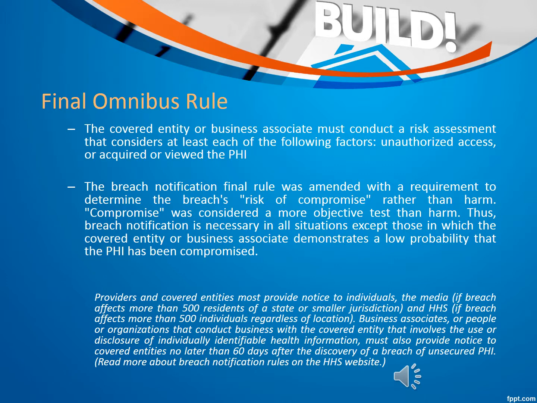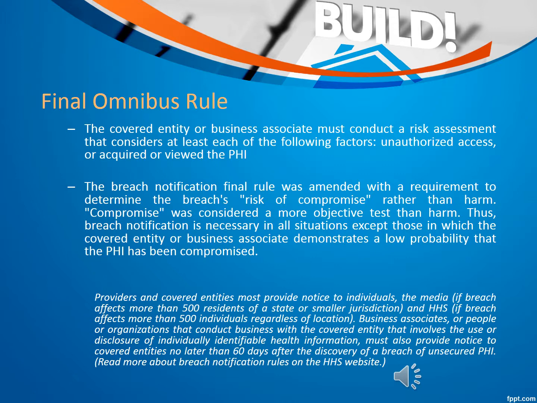In this slide, let us understand more on the final omnibus rule. The covered entity or business associate must conduct a risk assessment that considers at least each of the following factors: unauthorized access or acquisition of PHI, or viewing of the PHI.